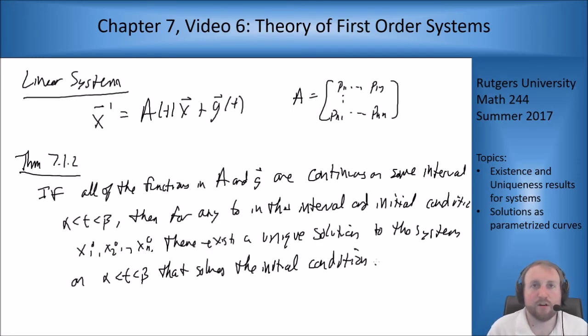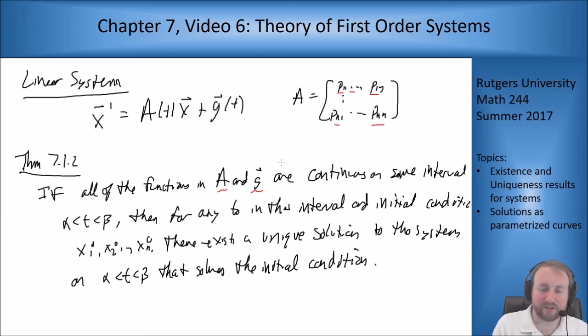All right, so here we get the same result we had from sections 2.4 and 3.2. So if everything in A and G is continuous, and by everything I mean all the P11, P12, P1n, Pnn, Pn1, all those have to be continuous, and the G1, G2, Gn have to be continuous as well.